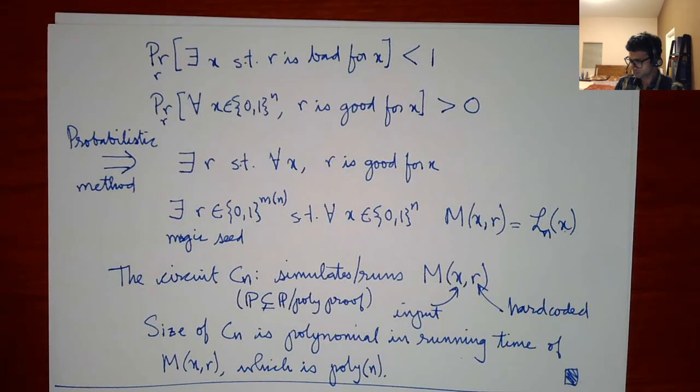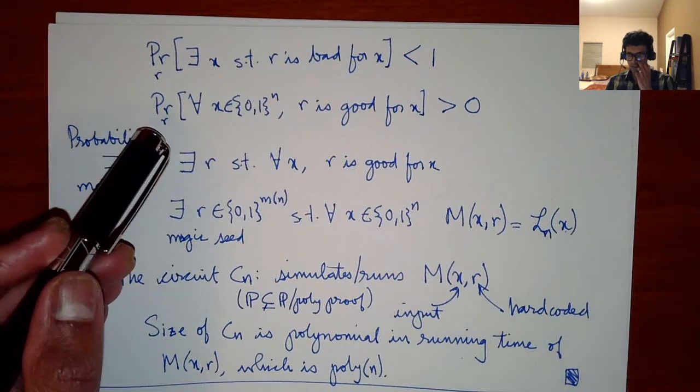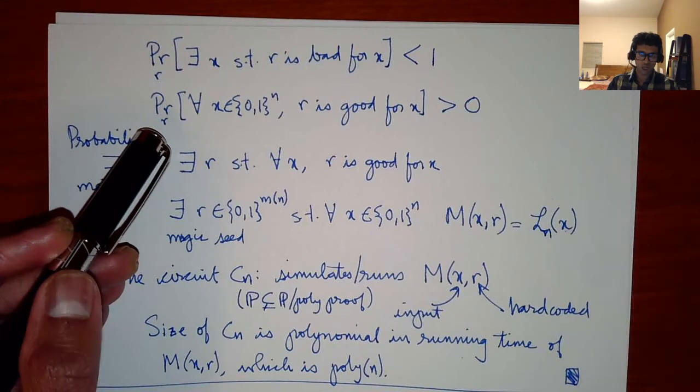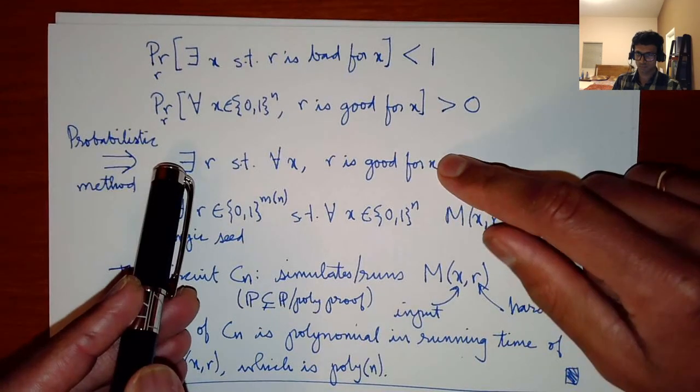I'm not entirely convinced that this shows the existence of a seed. To me, it shows that you can show there's a very high probability of it existing, but I don't necessarily see how that tells us that there definitely exists such a seed. So think of this as, suppose this was not true.